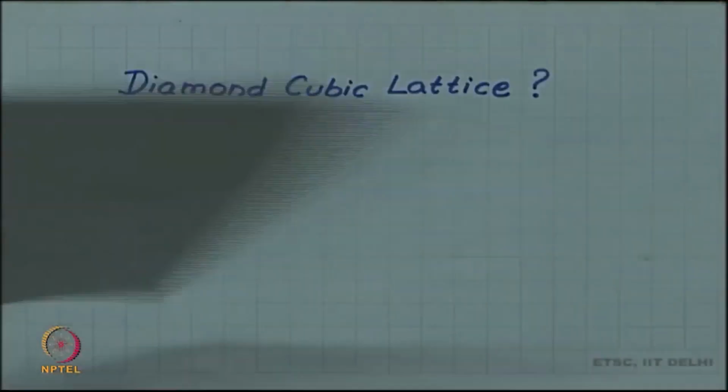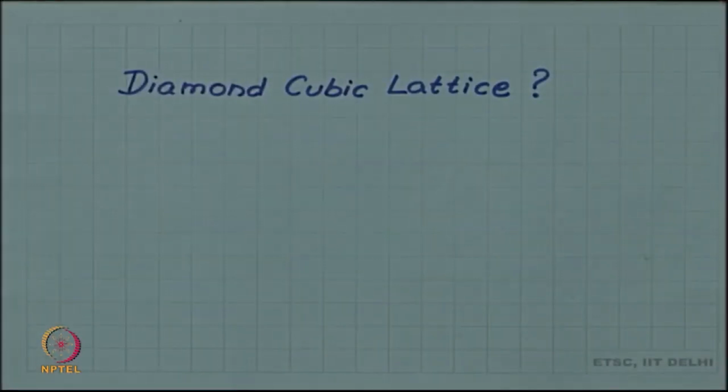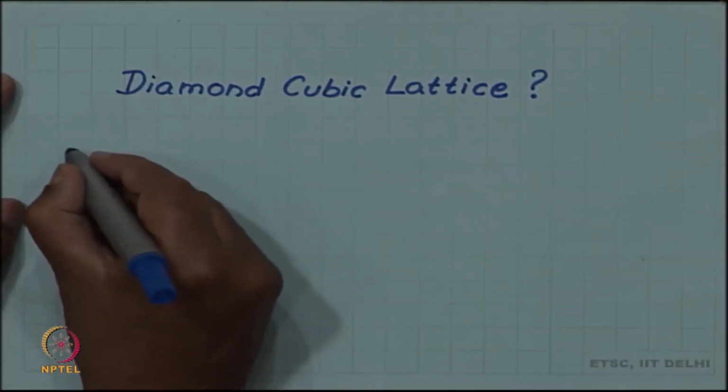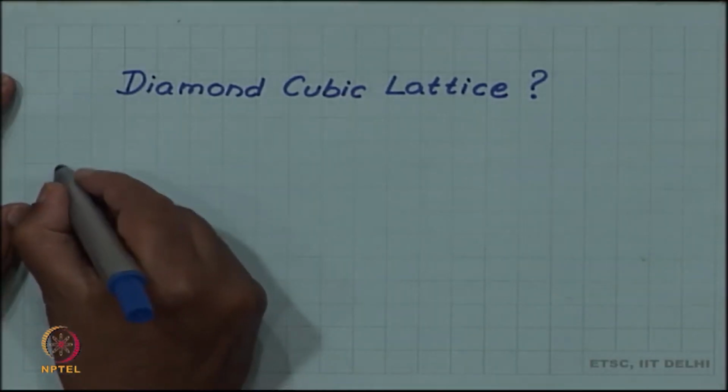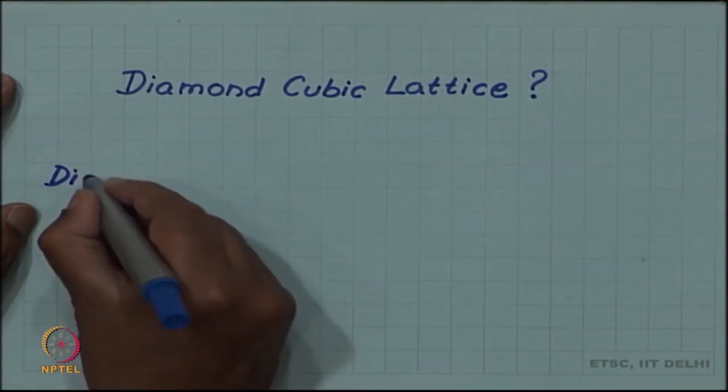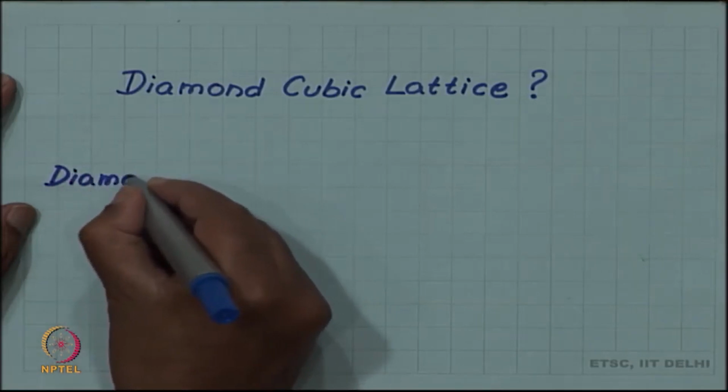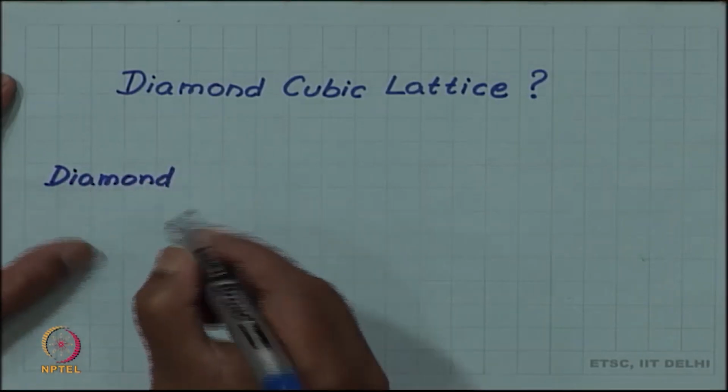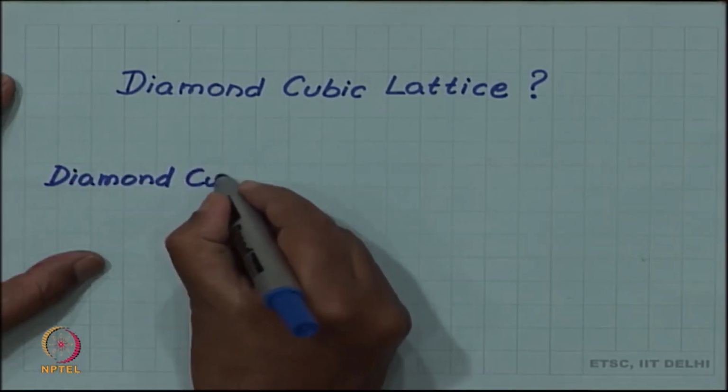So, an interesting question comes, and it is a widespread confusion in literature as well as on the web: is there anything called diamond cubic lattice? We have already seen the crystal of diamond is a diamond cubic crystal. So, it is not a diamond cubic lattice, but a diamond cubic crystal.